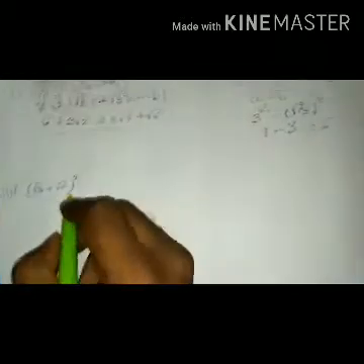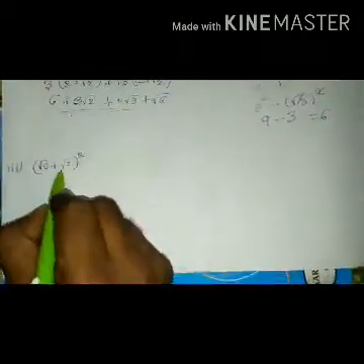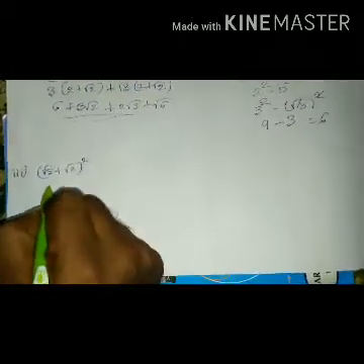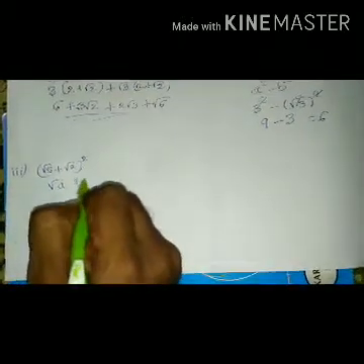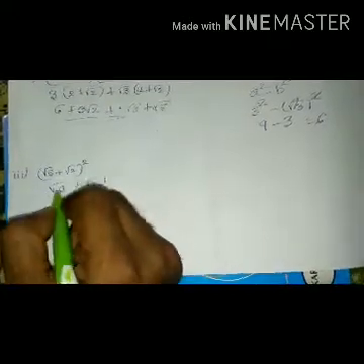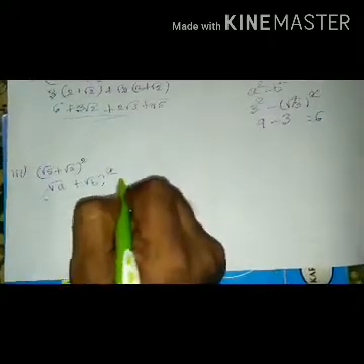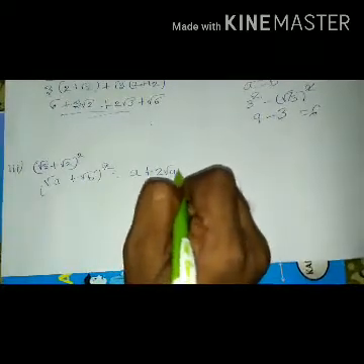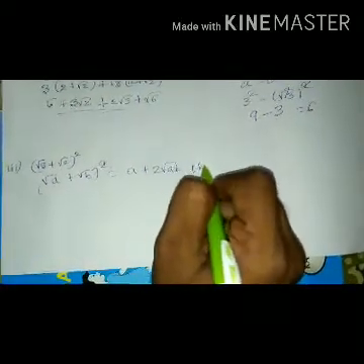Next, go to the third problem. (√5 + √2) whole square. We have already learned the identity, that is (√a + √b) whole square, and its expansion is a + 2√(ab) + b.